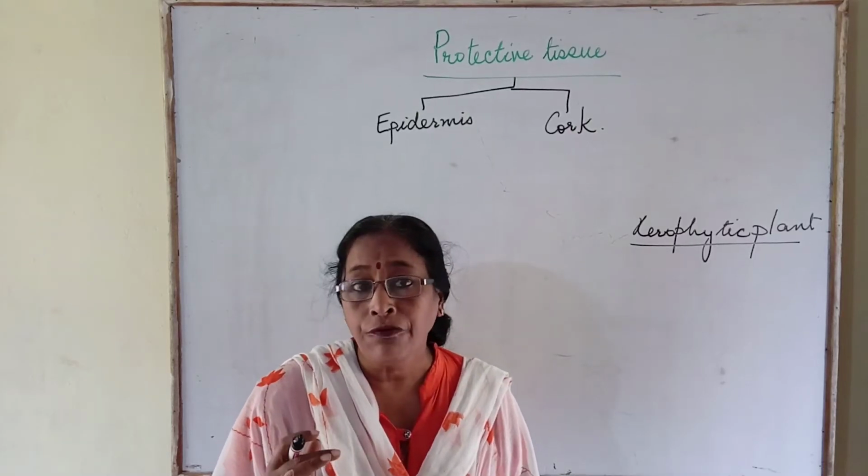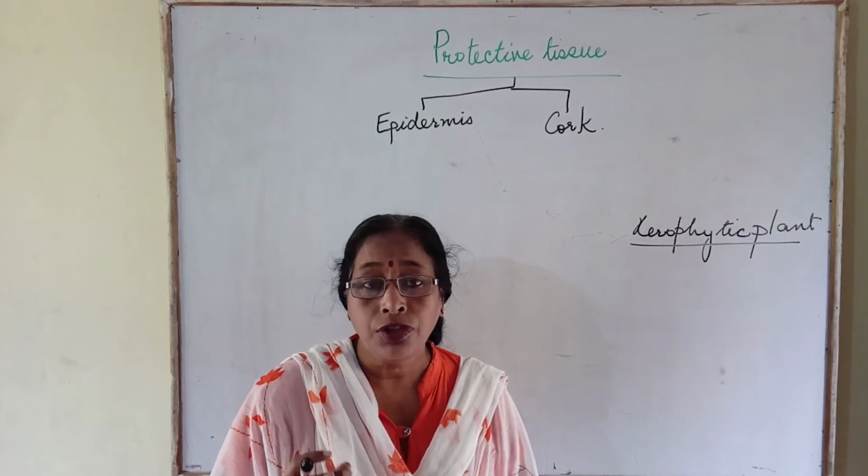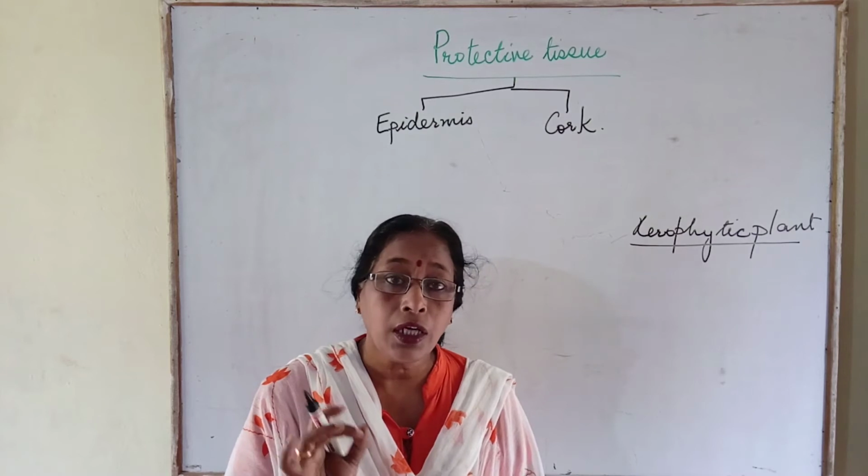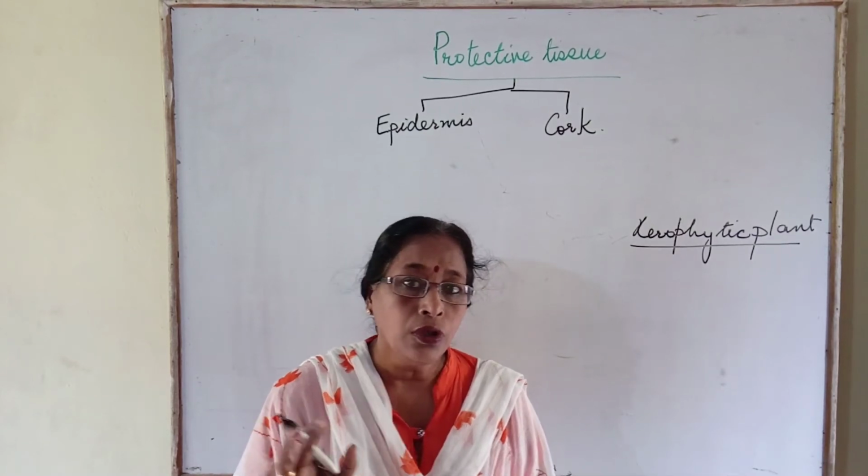Cutin is made up of fatty substances which do not allow the entry of water, so it is impermeable to water.